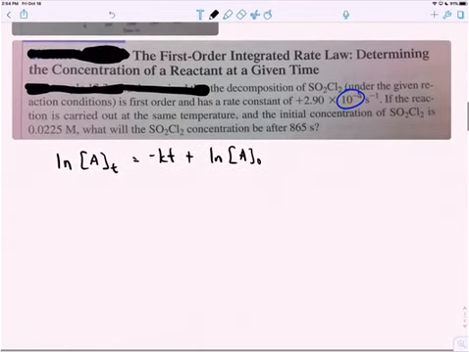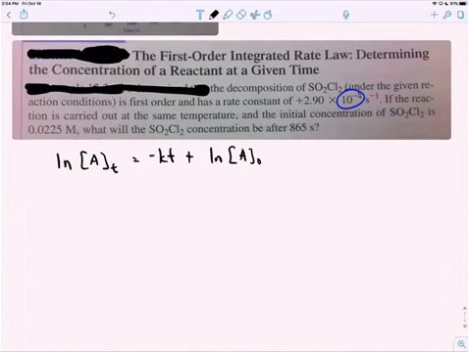Okay, so let's do this for an example. The decomposition of SO2Cl2 is first order with that rate constant, if the reaction conditions are the same temperature, and the initial concentration is 0.0225 molar. What was the concentration after that much time? For this one, you just plug in the first order integrated rate law.